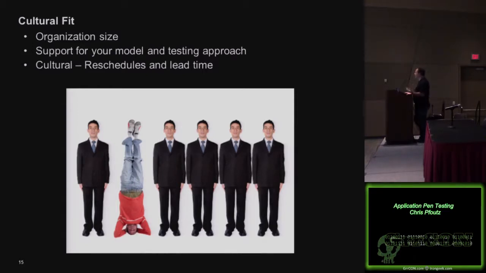Or you want to make sure that if that date changes, they're not going to penalize you 100% of fees to reschedule. I don't think any organization will penalize 100% of fees, but there typically will be a penalty there. So make sure that the lead time they need matches your organization, and make sure that their rescheduling policy matches what you can financially manage.